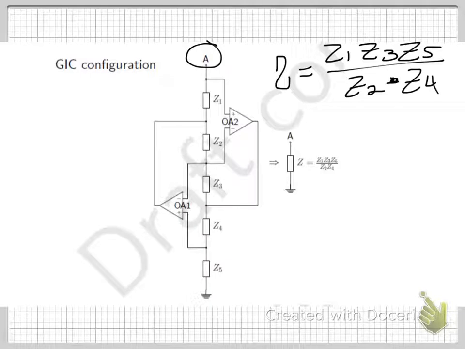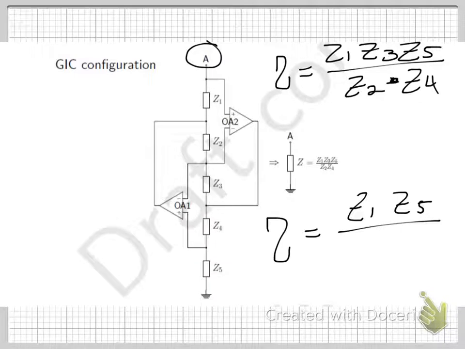Z5 with a capacitor, what your circuit would now see is Z1, Z5, Z2, Z4.